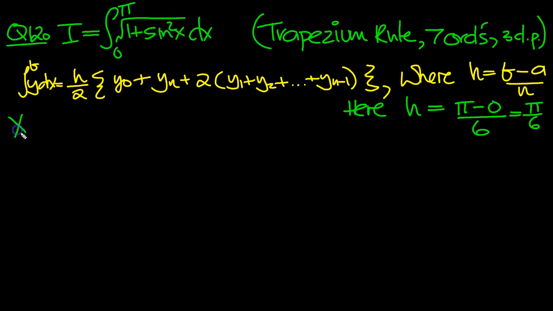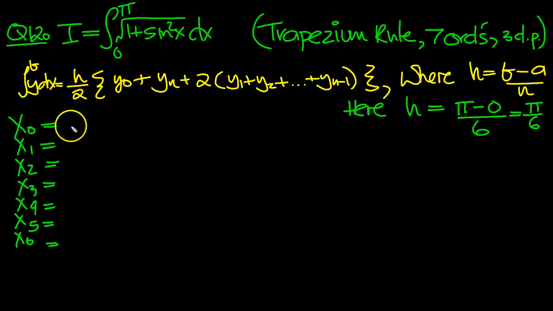So now we can write down our ordinates. We've got 7 of them, so it's x naught down to x6. We need to work out those. So we start from 0 and increment by pi over 6. So the first one will be pi over 6, then we just increment by pi over 6 each time.